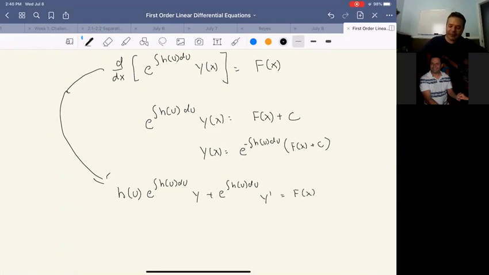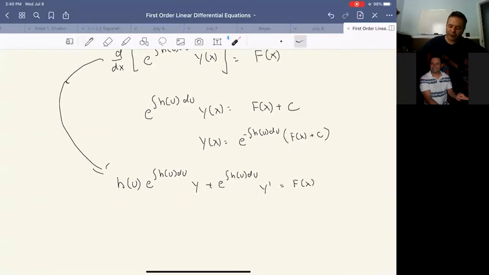So in some essence, this is our first order linear differential equation. This is our a1 of x here, and this is our a0 of x.